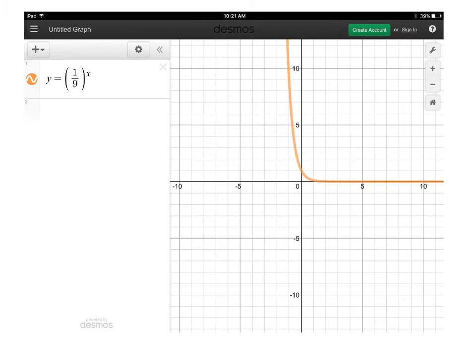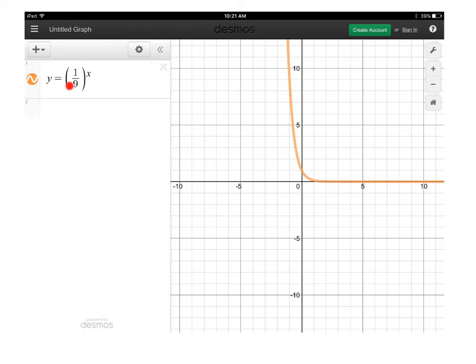And you'll notice in this case, I needed to be creative and put the 1/9 in parentheses in order to make it work. The x kept getting attached to something other than what I wanted it to be attached to, so I had to put parentheses. So a big heads up: you might have to put in parentheses.